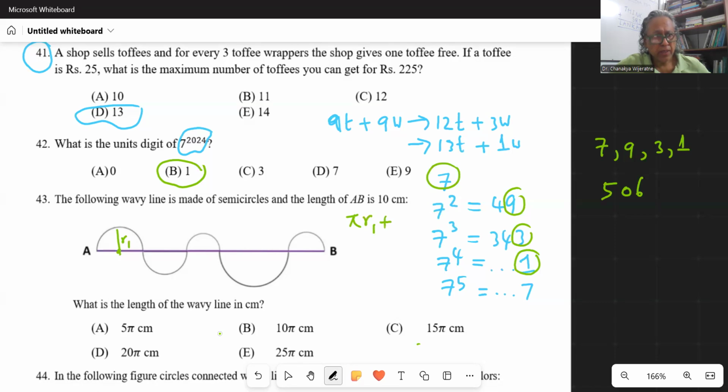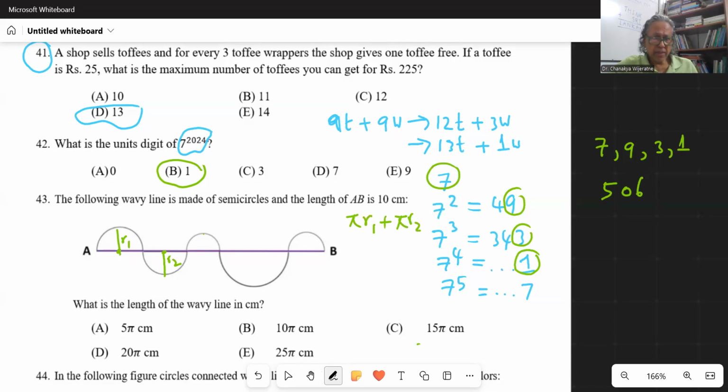And then let's say the second half circle has radius r2, so it has length pi r2, I mean, the length of this half circle.